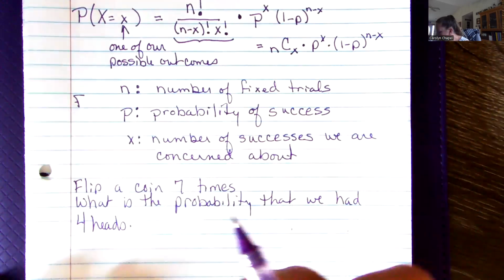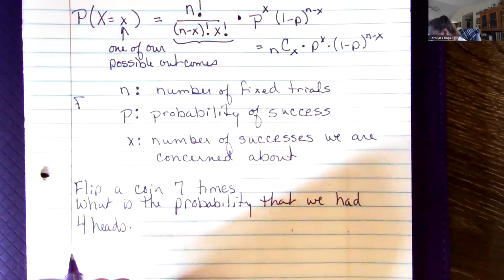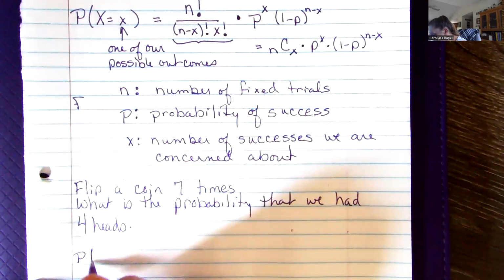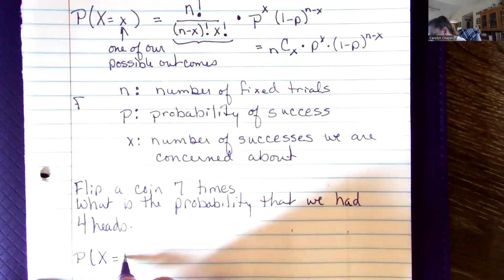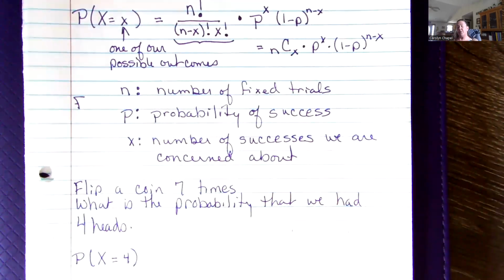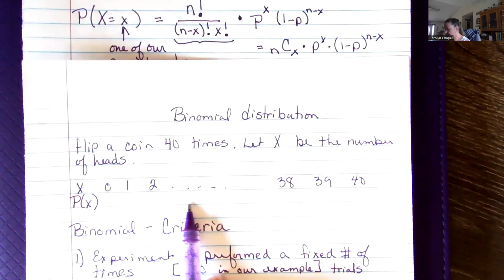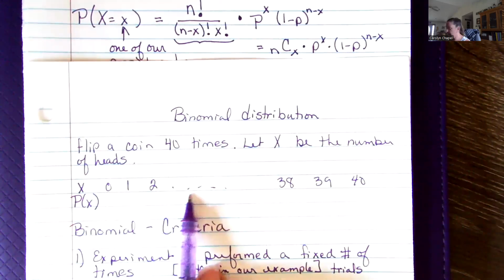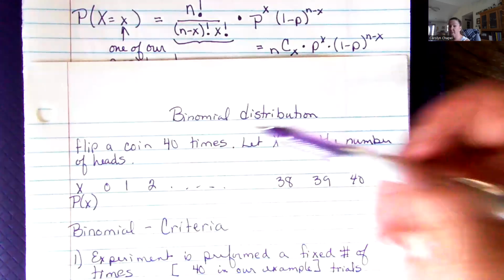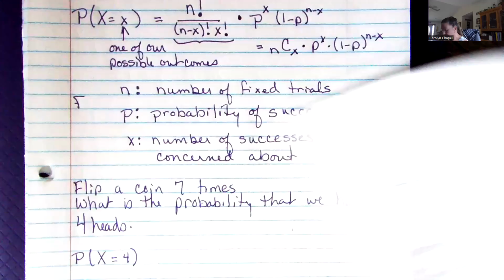All right, so in my notation, I'm kind of looking for what is the probability that X is 4. So if I were filling out the probability distribution, underneath the number 4, this is what I'm calculating. I'm calculating that probability that would match underneath the 4 if we were doing it 7 times, not 40.